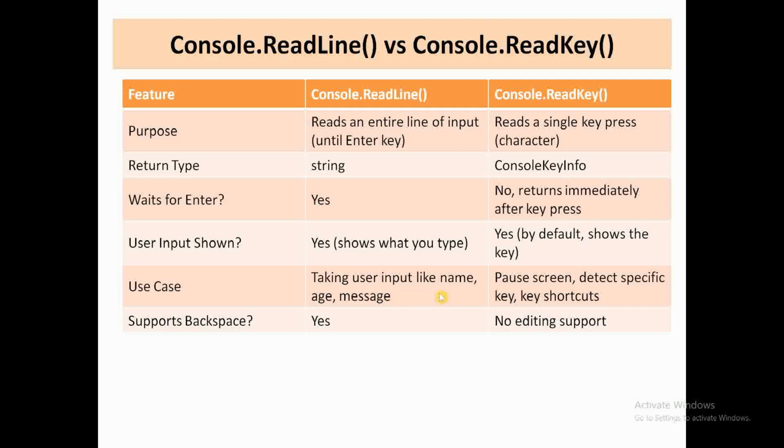ReadLine is for taking user input like a name, string, integer, boolean value, or any kind of input. ReadKey is like detecting any key; if we press any key, it will automatically close the terminal window. ReadLine supports backspace. Suppose we are providing input, we can use backspace to remove it, but ReadKey does not support backspace.